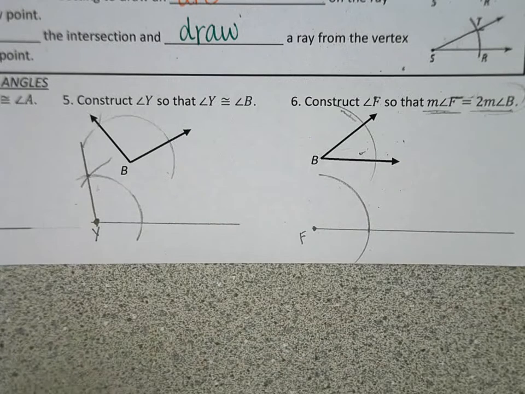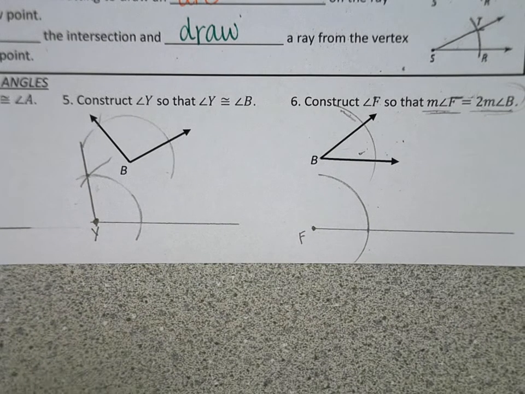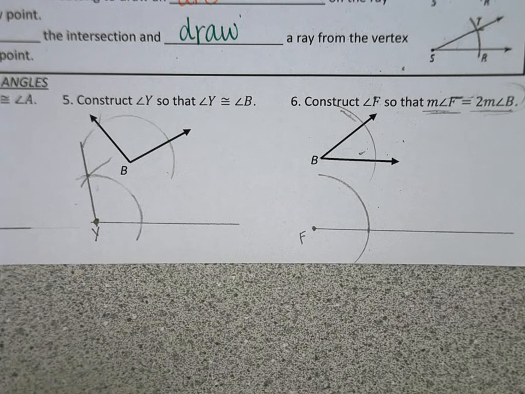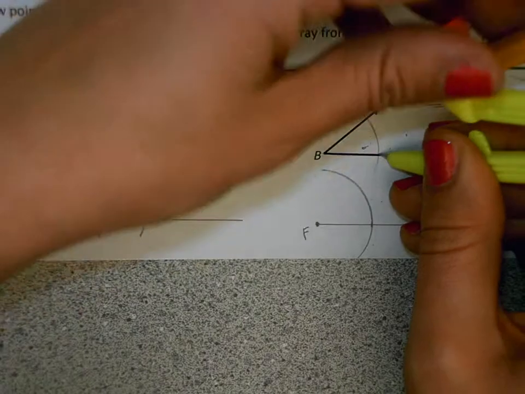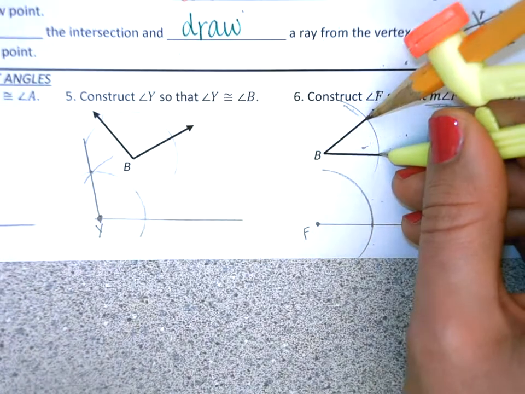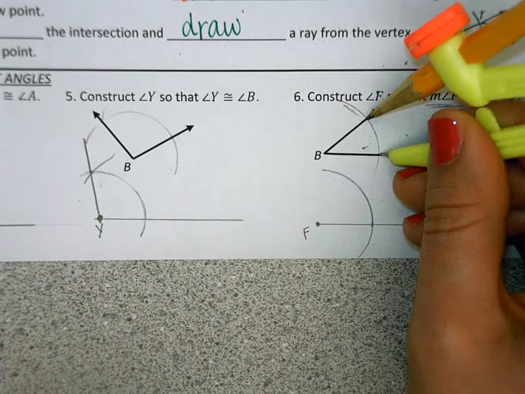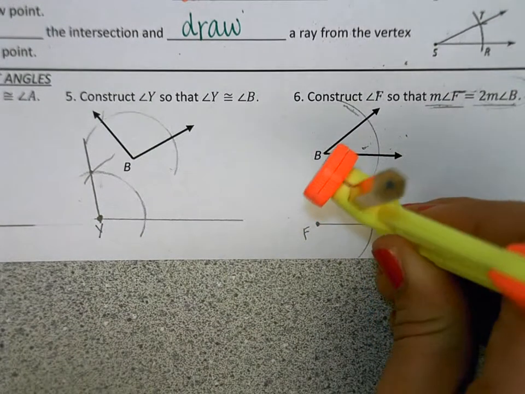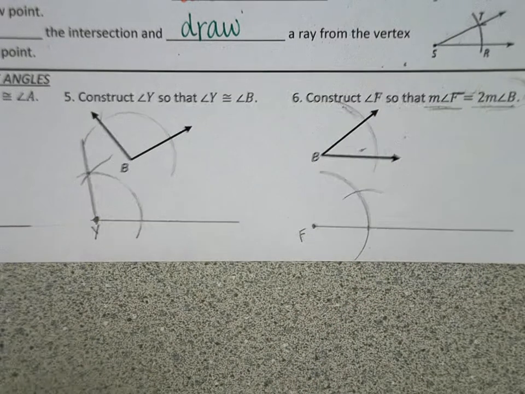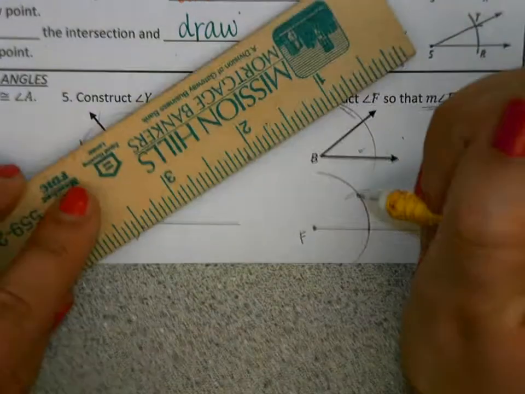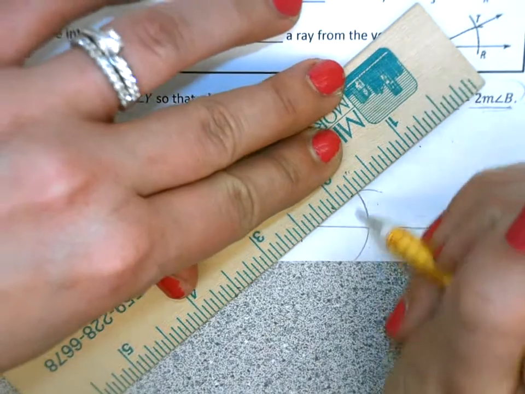What's the second step of copying an angle, or drawing a congruent angle, after I did the first arc? Who can help me? We have to know how wide open the angle is. So measure how wide open the angle is. Draw a little arc. And before we go any further, we have to draw the ray that intersects that. So basically, we just copied the angle once.